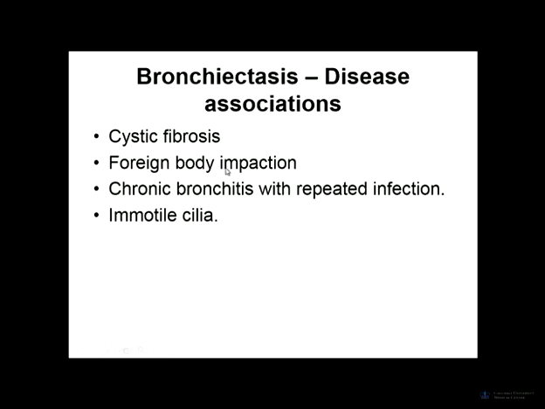You can have a foreign body that impacts the airway that, again, will cause damage to the wall and repeated infection. Chronic bronchitis, generally in the setting of cigarette smoking with repeated infection, can cause bronchiectasis. And immotile cilia can cause bronchiectasis. Again, no mucociliary elevator, accumulation of mucus, repeated infection, damage to the wall, loss of elastic tissue, replacement by collagen.